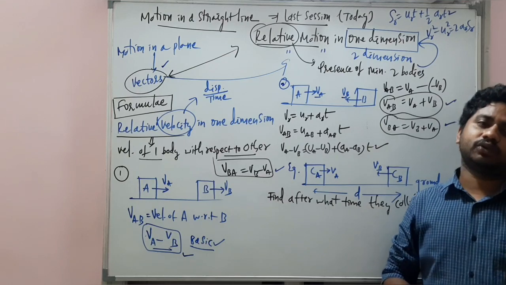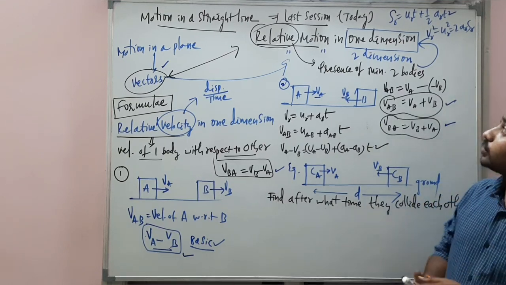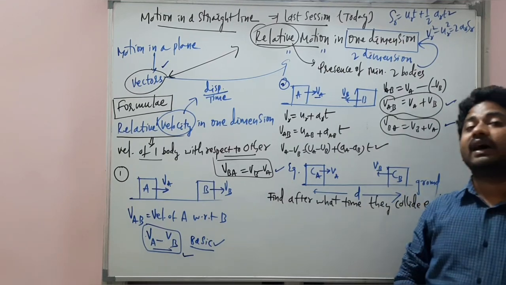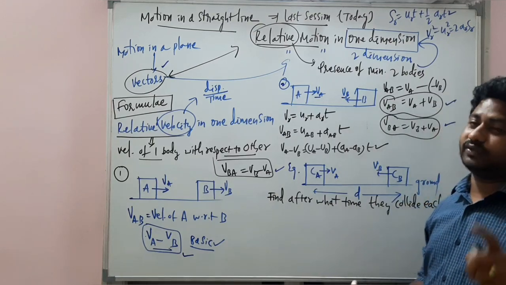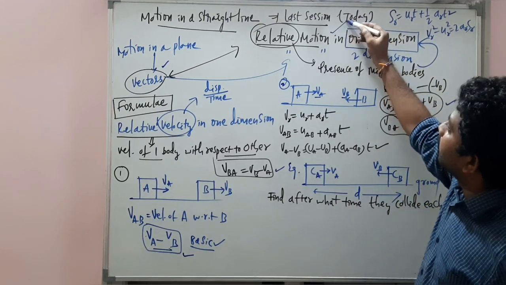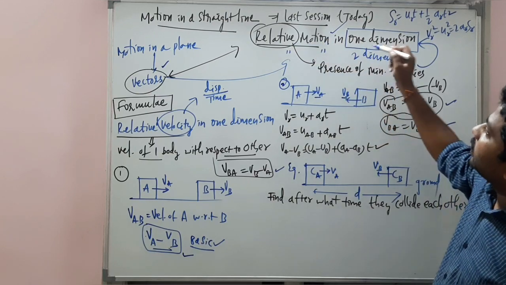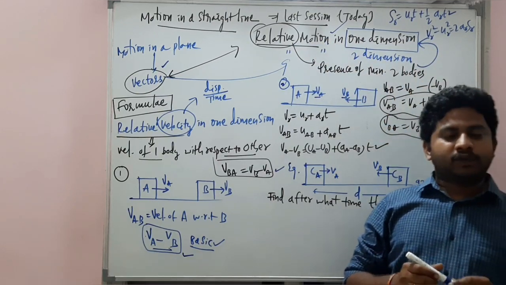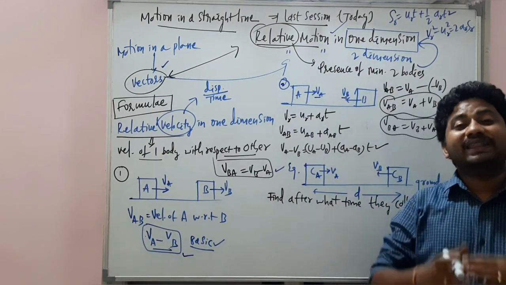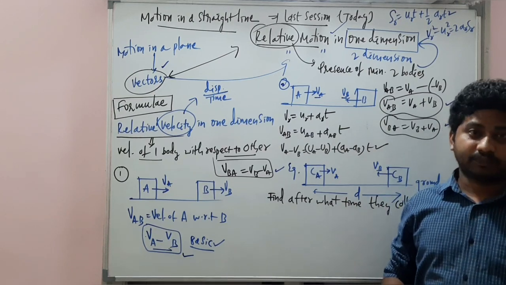Within 2-3 steps you can solve by using the relative motion topic. That's the importance of the topic of discussion. By using the relative motion in one dimension topic, you can solve lengthy problems within 2-3 steps.